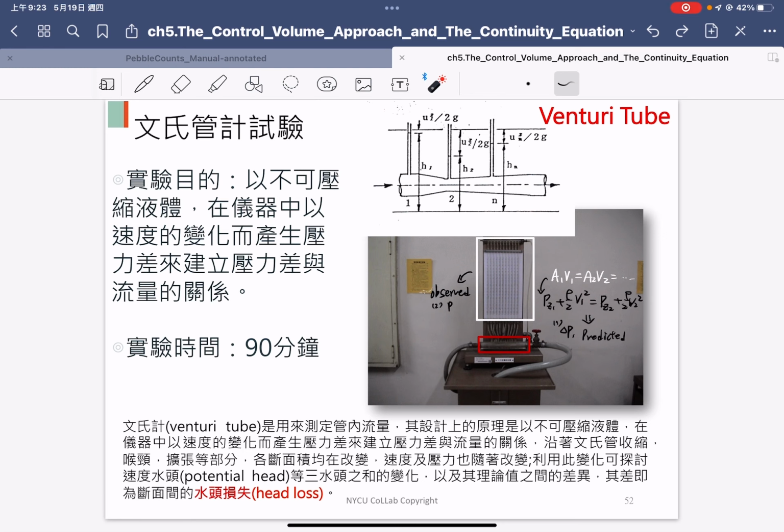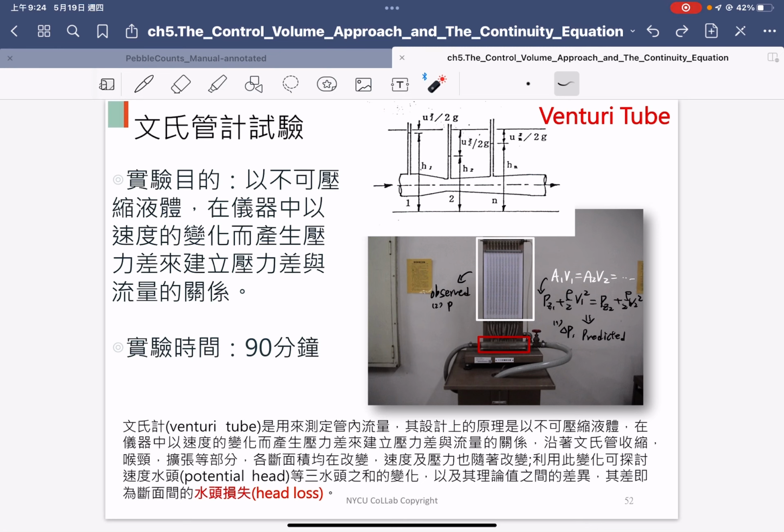So we call that difference related to head loss, and in the following class we will discuss head loss. But for this laboratory experiment, with the continuity equation and the Bernoulli equation, you can predict the pressure, and we call that the theoretical pressure, and then you can compare it with the observed pressure and discuss how large the difference is.